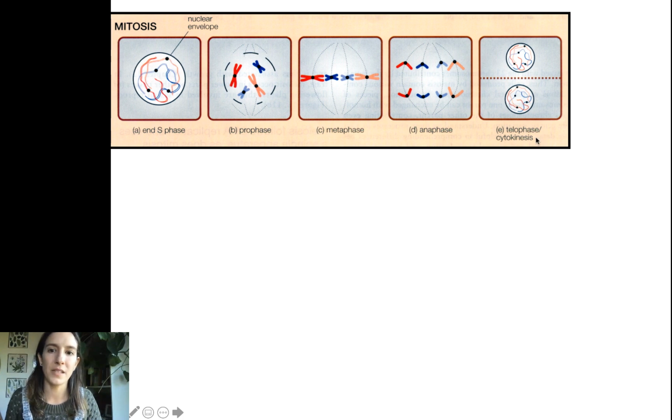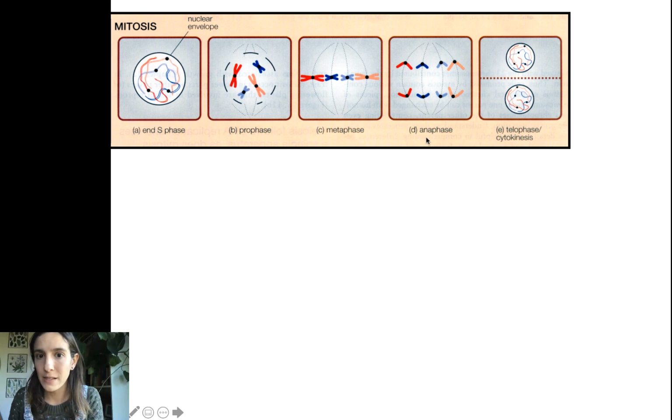And then the phases of this start with interphase, which is the majority of their life. And then we've got prophase. This is when the DNA actually clumps up into those chromosomes. Metaphase, those chromosomes line up along the middle. Middle, metaphase. Anaphase, those chromosomes are torn apart and separated.